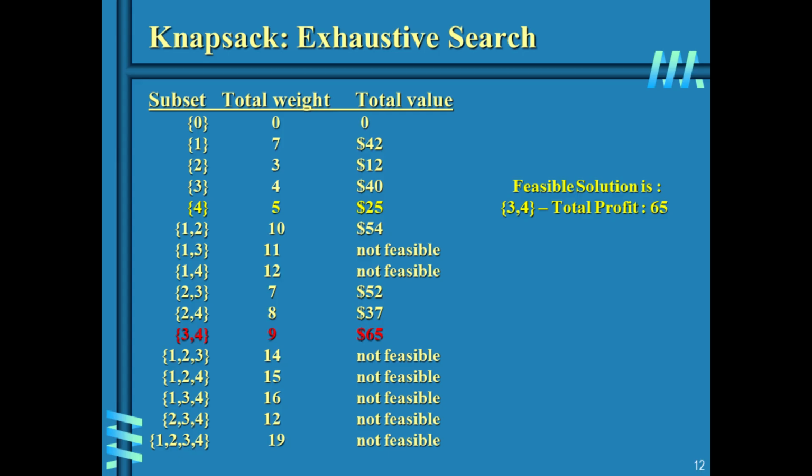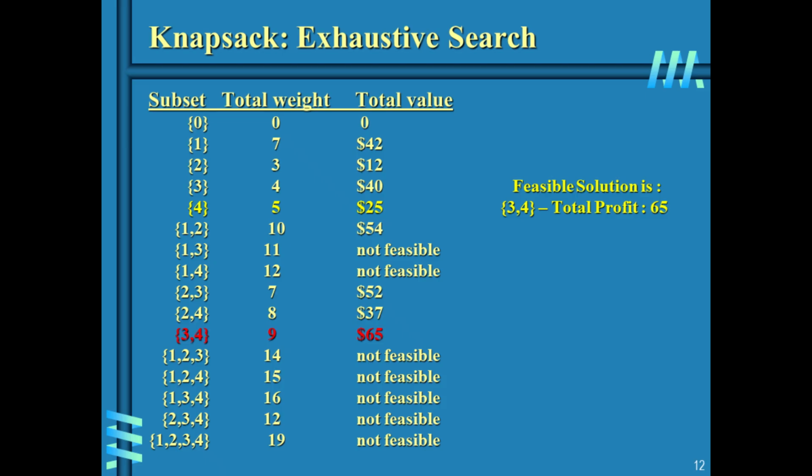The next possible combination is 1, 3 and 4, whose total weight is 16. Again, this weight exceeds the knapsack capacity, so it is not a feasible solution. The next combination is item number 2, 3 and 4, whose total weight is 12, which again exceeds the knapsack capacity, and this is not considered a feasible solution.